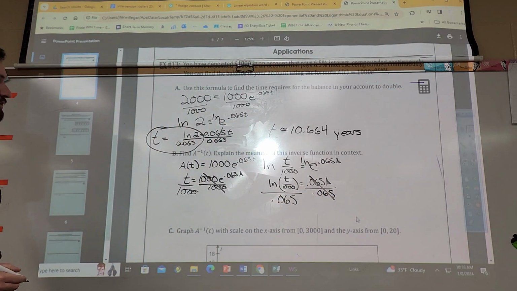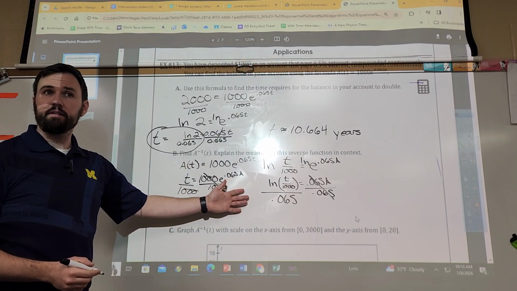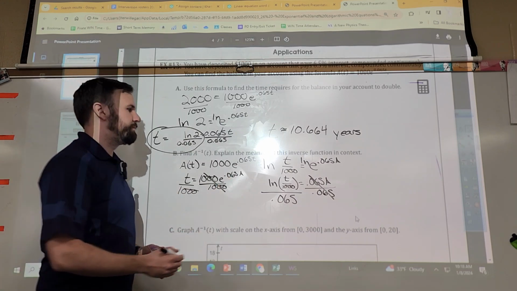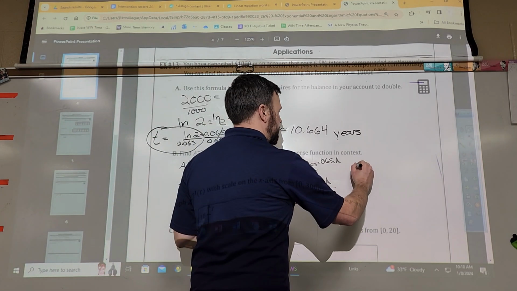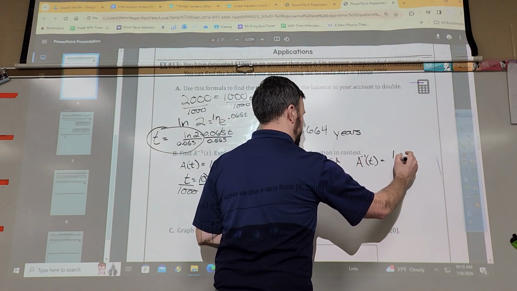So this is now my exact, that's my formula for the inverse. That's my inverse, right? So I would say A inverse of t equals this piece, right?